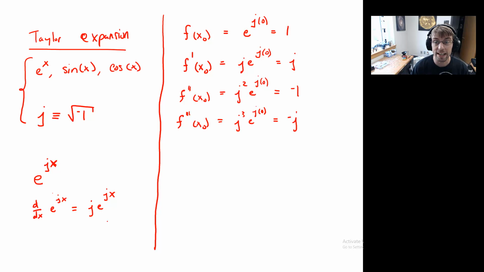So at the end of the day, if I would like to write out an expression for e to the jx, what do I get? I get 1 plus j times x over 1 factorial, the first derivative evaluated at x naught times x over 1 factorial.